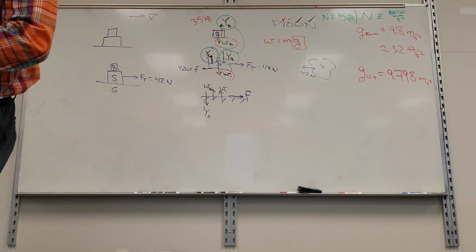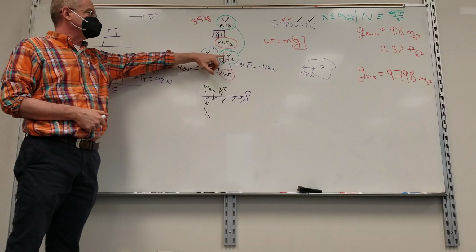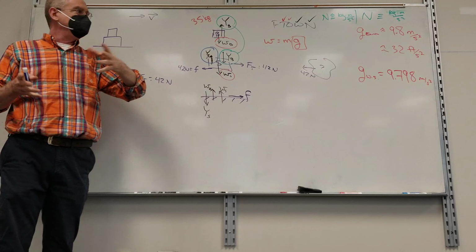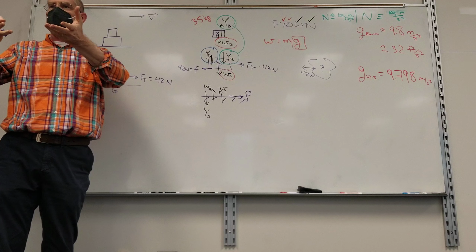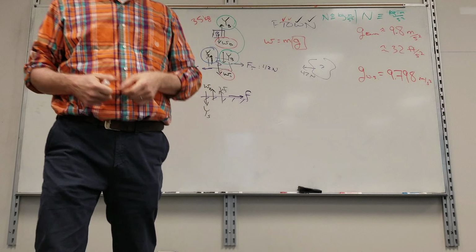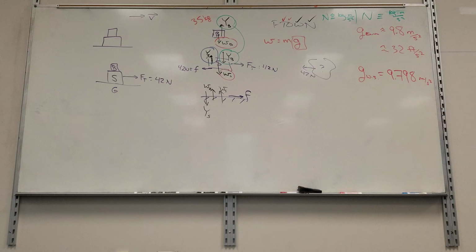It seems like it should be somewhere around there, because the weight of the boy was somewhere around 350, and the sled around 60, so a little bit less than 410. And you said 401 point something? Yeah, I just added the weights of both the boy and the sled. Are we adding the weight of the boy acting down and the weight of the sled acting down? Yep, it would be just the sum of those two.